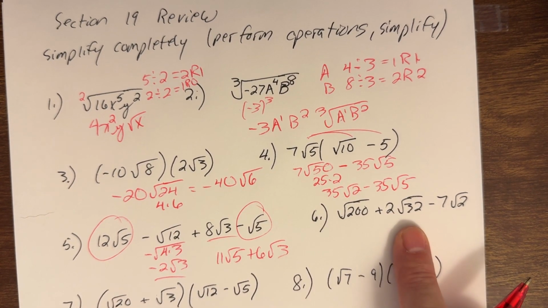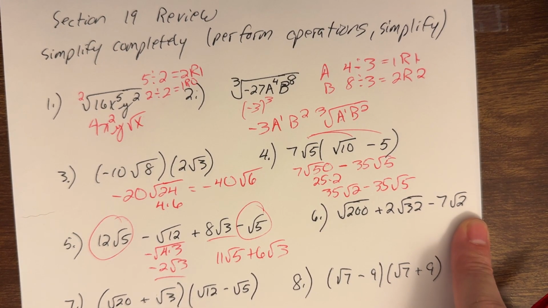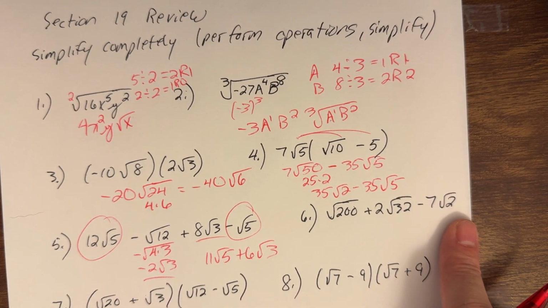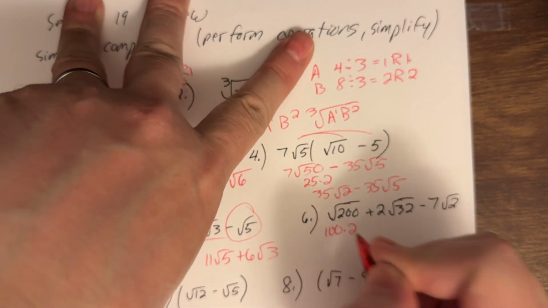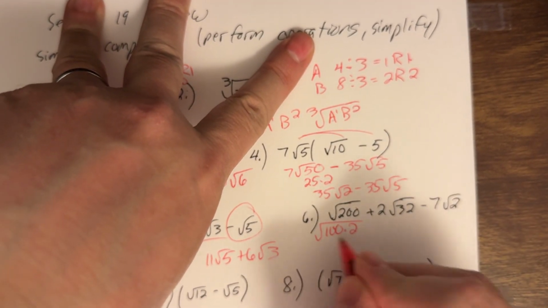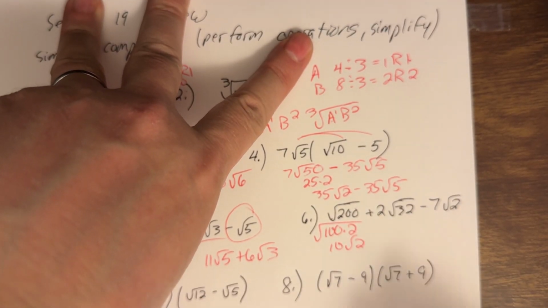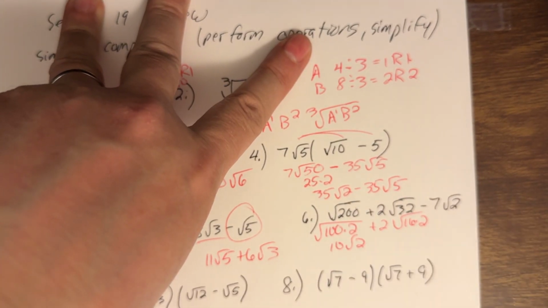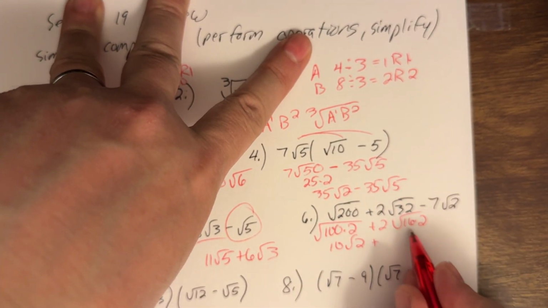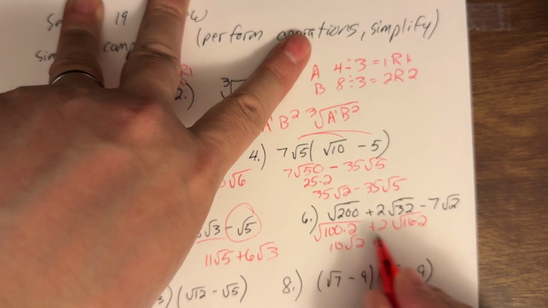Coming over here, again, addition, subtraction, I don't see any like terms, but once again, I need to do some cleanup. I look at 200, I see that as 100 times 2, so that becomes 10 times the square root of 2. This 2's hanging out. 32 is 16 times 2. Square root of 16 is a 4. 4 coming to the front. It's not a 24.